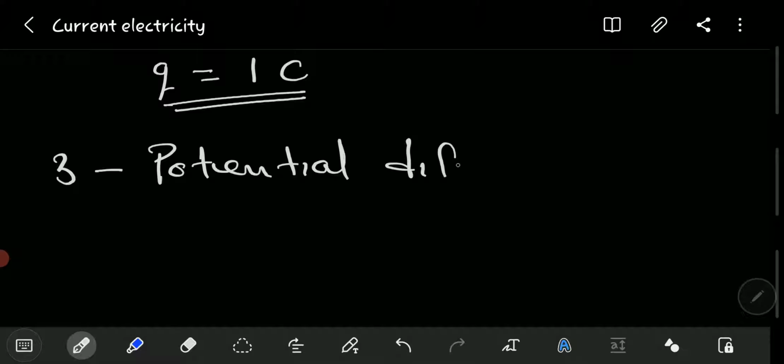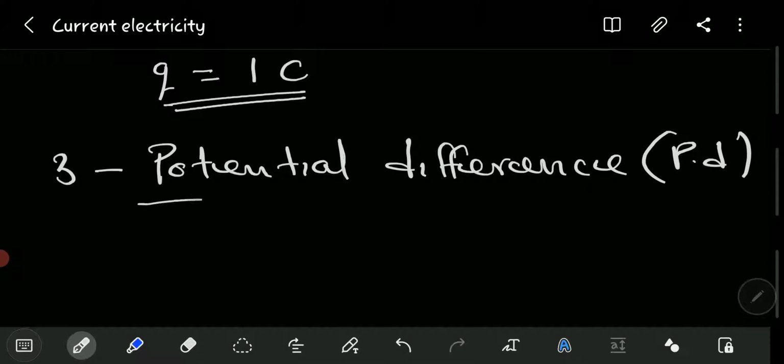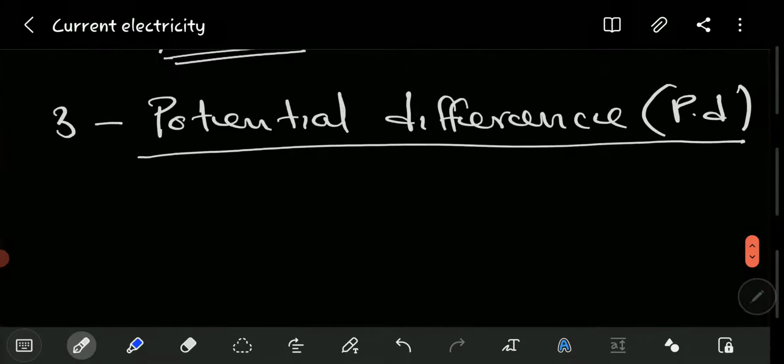two very important terms. And this third term is potential difference. We're going to look at potential difference.